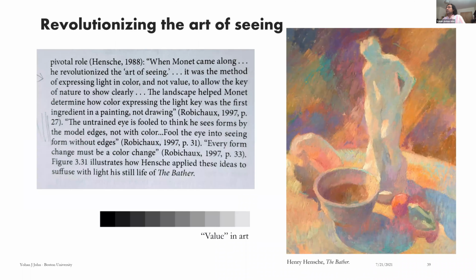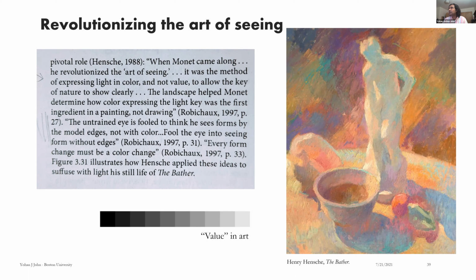And so what did Monet do? He revolutionized the art of seeing. It was the method of expressing light in color and not value. Value in the context of art school is just the shades of gray that you use. The landscape helped Monet determine how color expressed the light key, the first ingredient in a painting, not drawing.